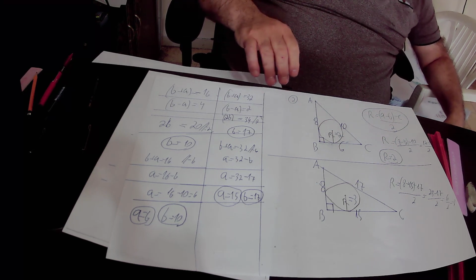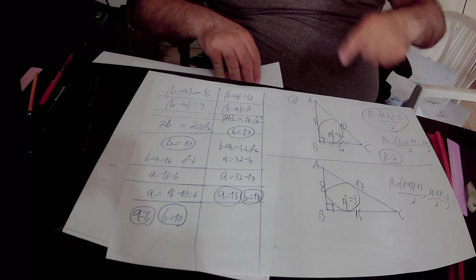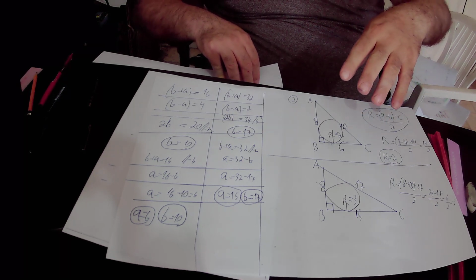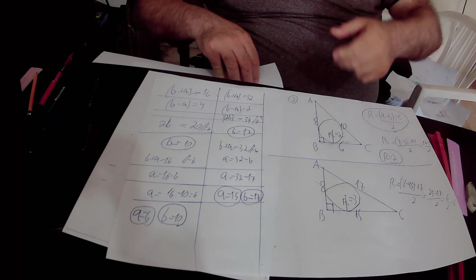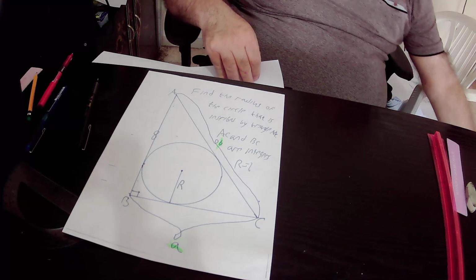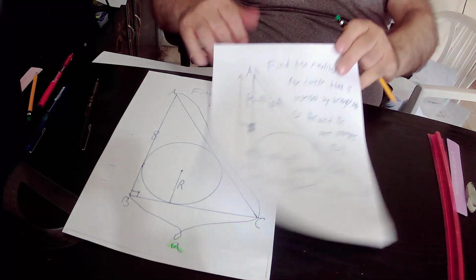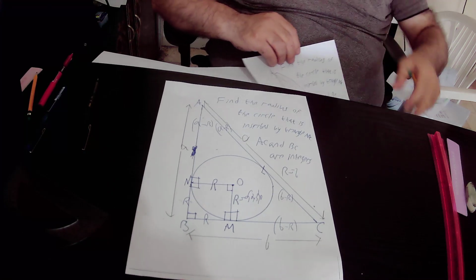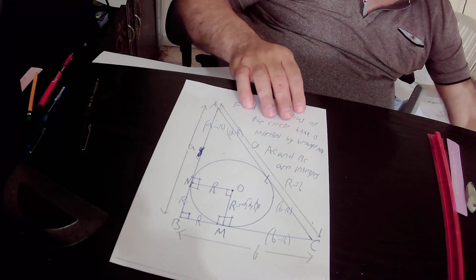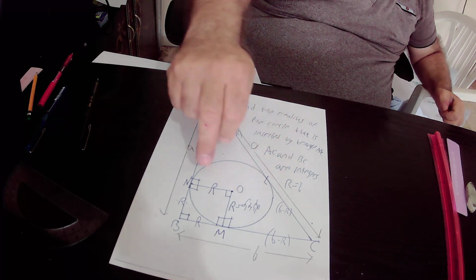So in order to find out the radii of those two circles that are inscribed in the two right triangles, we will take triangle ABC, the right triangle, that could be any triangle, and inside this right triangle ABC we have this circle.